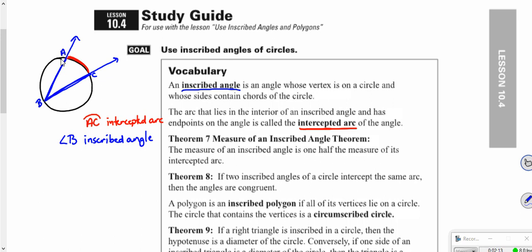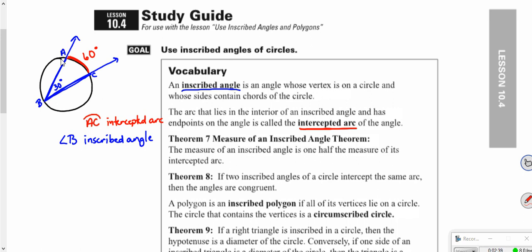This is an inscribed angle. So an inscribed angle is 1/2 the measure of its intercepted arc. So if I said that this inscribed angle is, let's say, 30 degrees, then the arc would have to be 60 degrees.